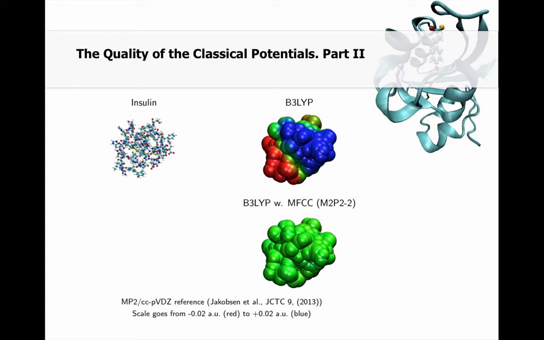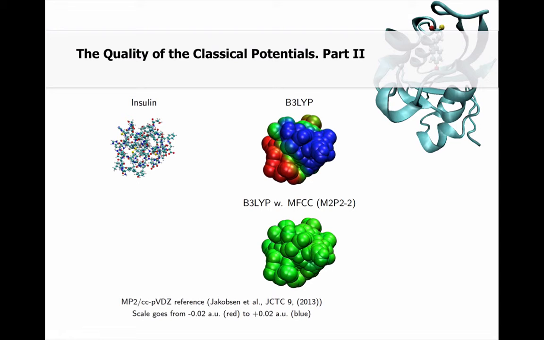Here we have the insulin molecule. For this, we have calculated the electrostatic potential on a surface around the insulin molecule using MP2 with a cc-pVDZ basis set. This is our reference value for the potential. This figure up here now shows the comparison between this reference potential and the same potential created by B3LYP, that is a full quantum mechanical calculation.